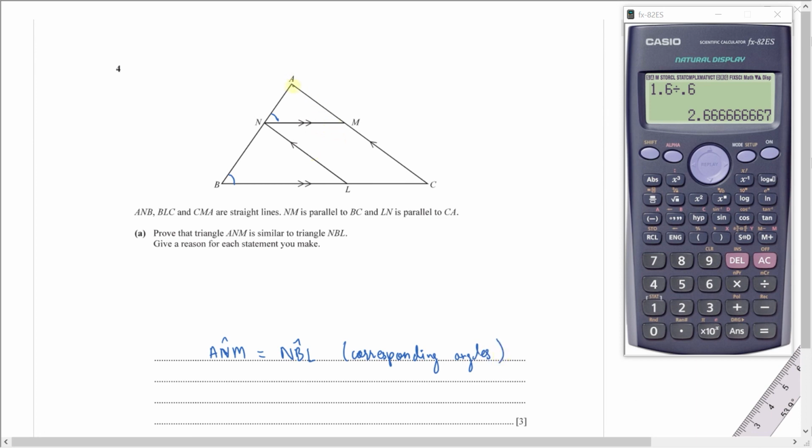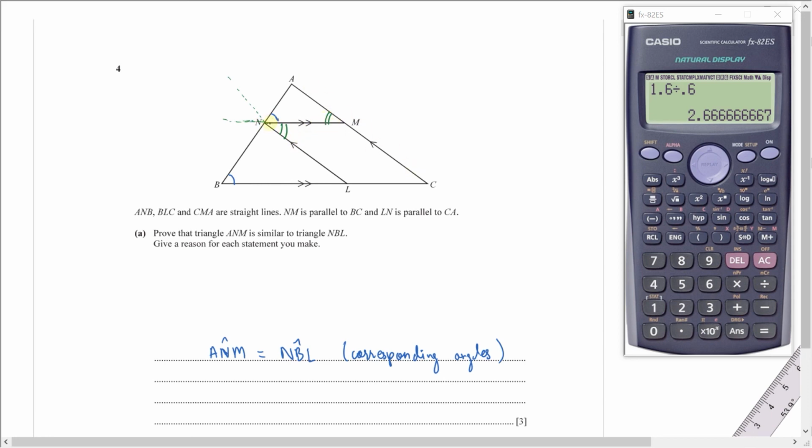Next, if you look at this angle AMN, this is equals to this angle MNL, because if I extend this line like this, and if I extend this line like this, these are alternate angles. So you have two parallel lines LN and CM, and you have this line MN which is passing through these two parallel lines, and these two are alternate angles.